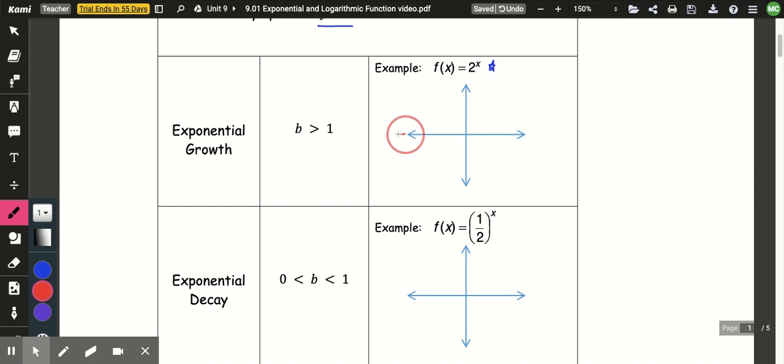So to draw the picture, I'm actually going to start with the horizontal asymptote, which is at y equals 0. And then I'm going to draw in the function using a basic shape that I know and also a single point. The single point that I'm going to use is at 0, 1, the y-intercept.